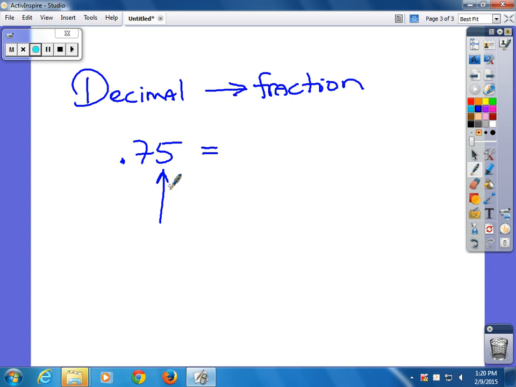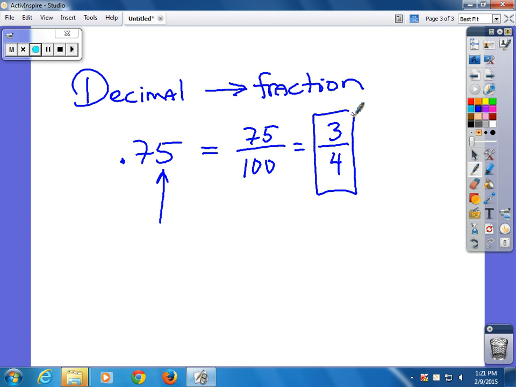So you put 375 over what? And now you reduce. 5 will go into 375, or 25 will go into 375, whatever you want to do. 3 what? And here's how you turn a decimal into a fraction. Decimal into a fraction and fraction into decimal, that's basically 2 different forms of the number. Alright? It's 2 different forms.